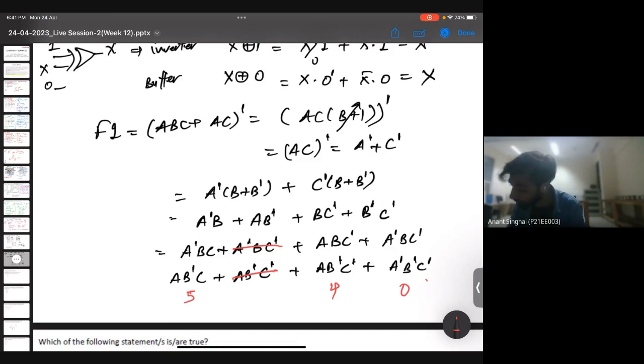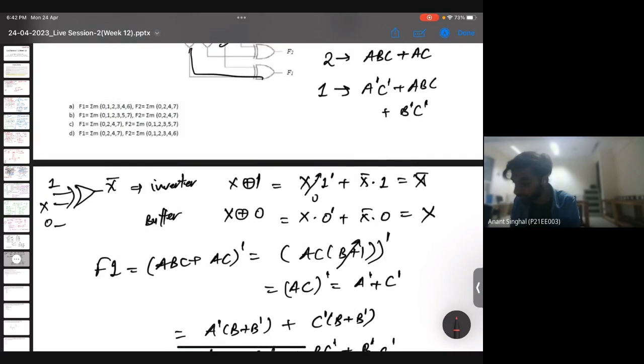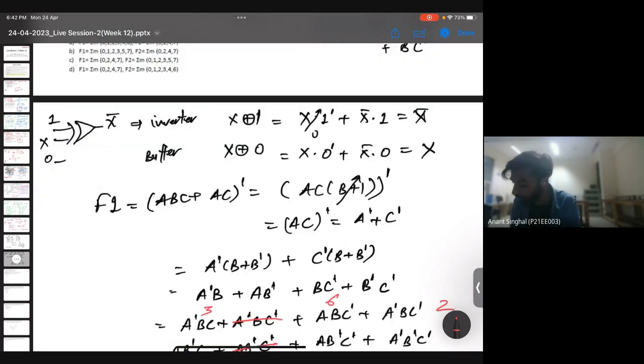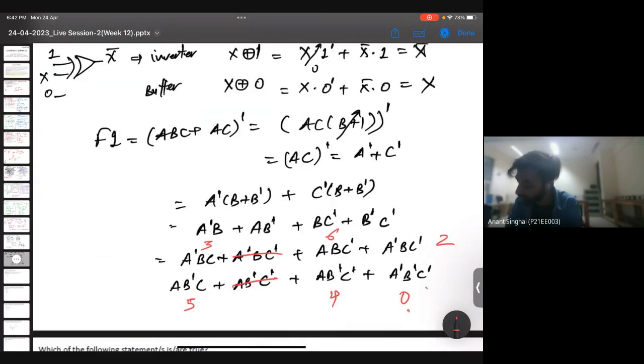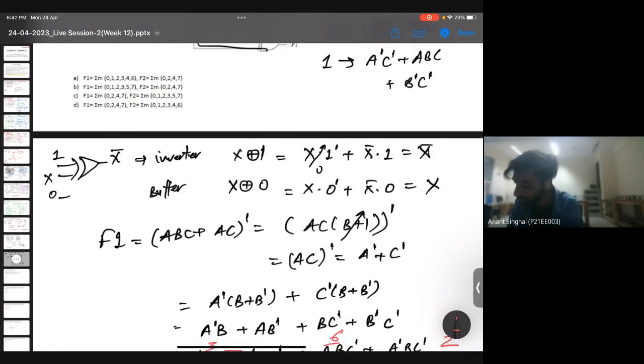So this is 010 which is 2, this is 6, and this is 3. So let's see, it is 0, 1, 2, 3, 4, 6. 0, okay, I've written, I guess this one is wrong. 0, 2, 6, 3, 4. Okay, 1 is not matching.